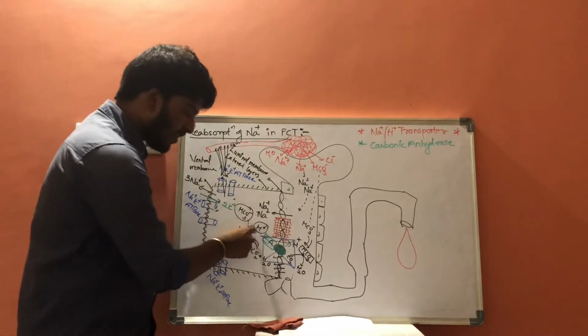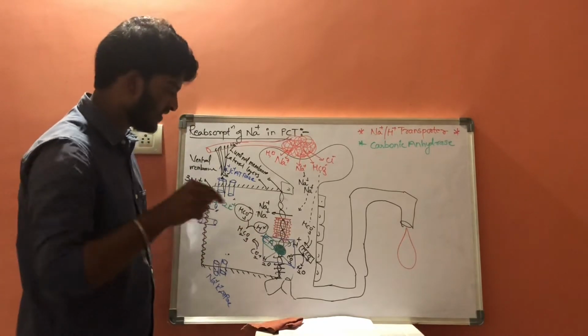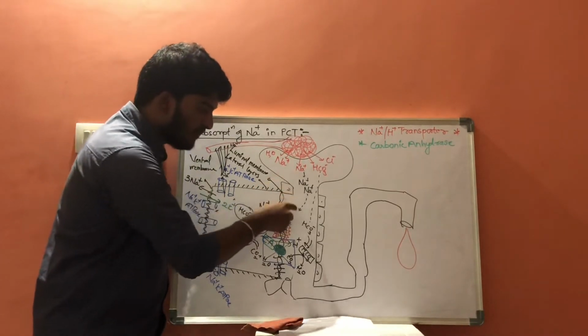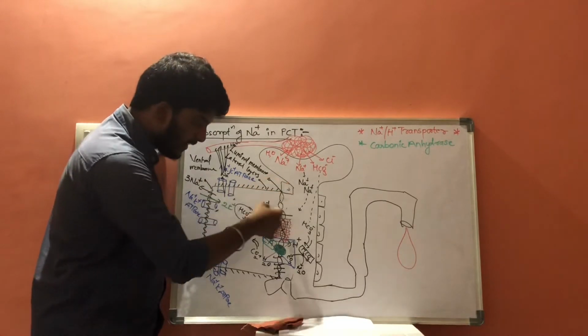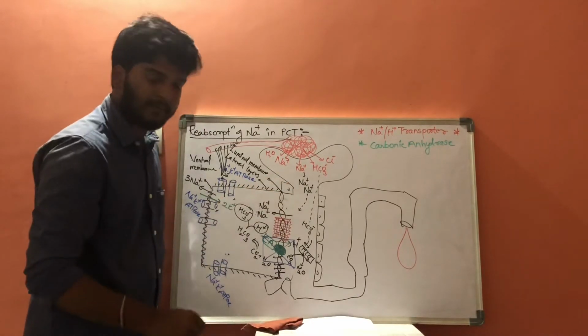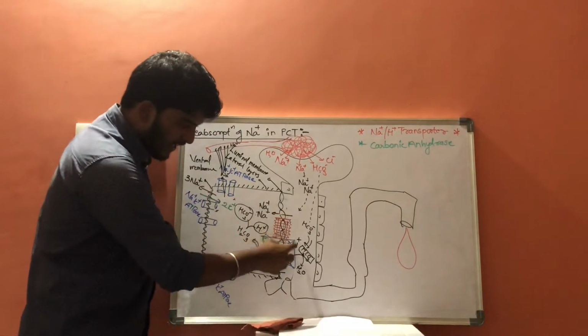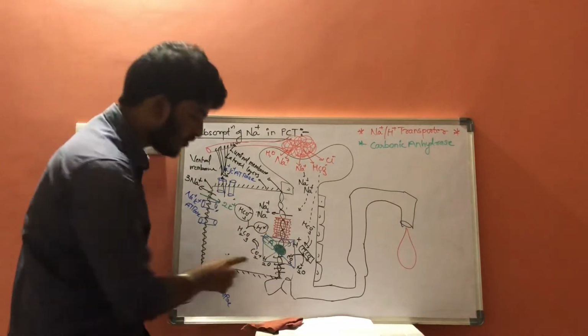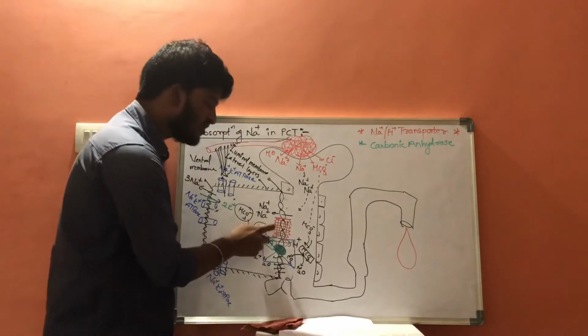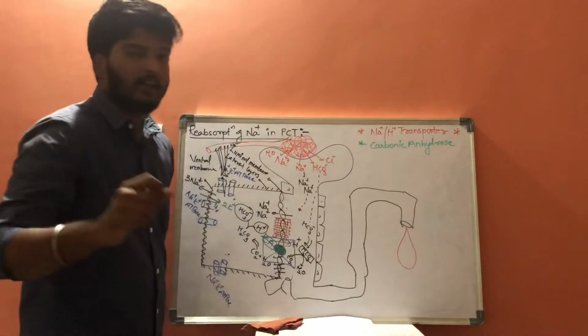If the proton concentration within the cell decreases, the sodium coming from the lumen into the cell cannot enter, because if the carbonic anhydrase enzyme is inhibited, it automatically inhibits the function of this sodium proton transporter.